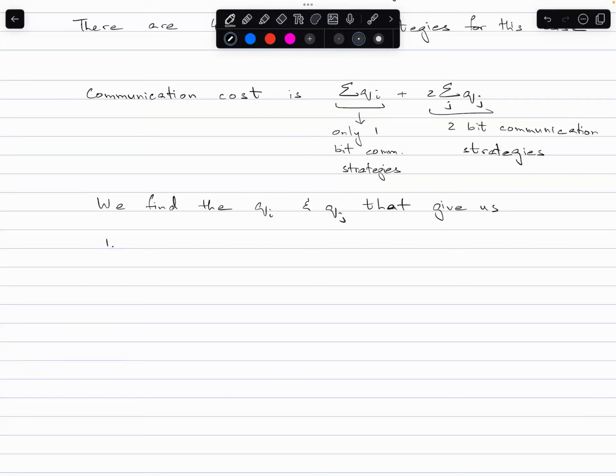One, a close enough decomposition of P of AB given XY, and 2, minimize the communication cost.